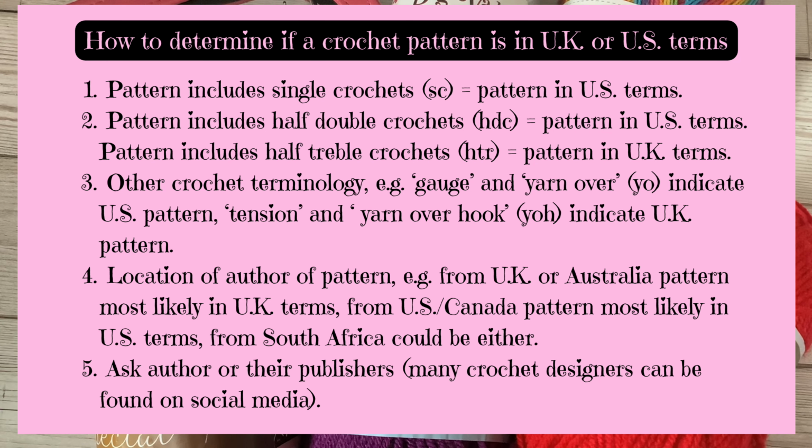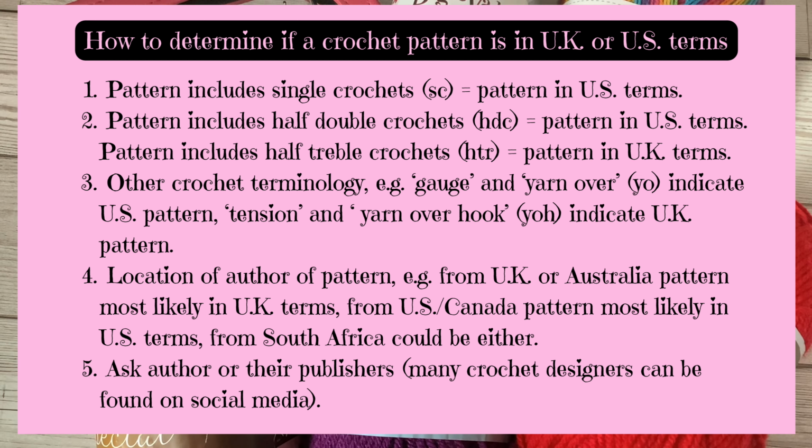So what clues do we need to look for to determine if the pattern we are looking at is in UK or US terms, assuming it is not stated in the notes accompanying the pattern? So here is a list that I will now go through with you. The most obvious clue that the pattern has been written in US terms is if single crochets are mentioned, whether on their own or as part of an instruction, such as to single crochet two together, for example, as there are no single crochets in UK terminology.